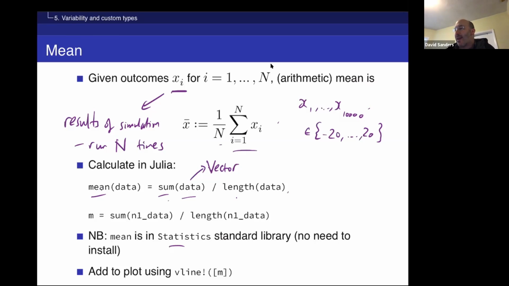And then that will give us the mean of the data. When we run the experiment a lot of times, we get what's called a sample, and we are sampling from some theoretical distribution that really exists in the abstract. If you could run the simulation an infinite number of times, then you would get the true probabilities.